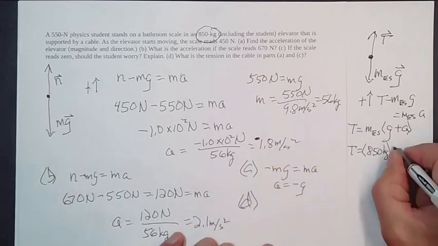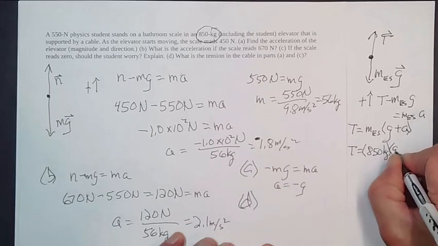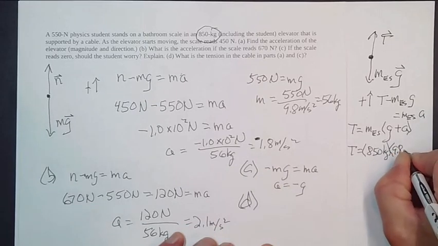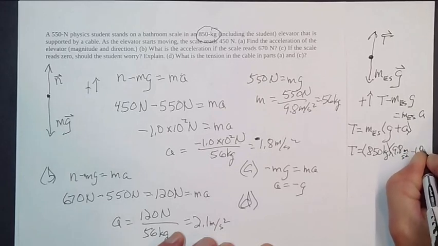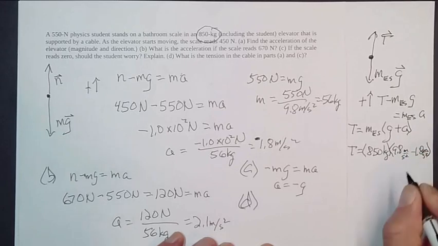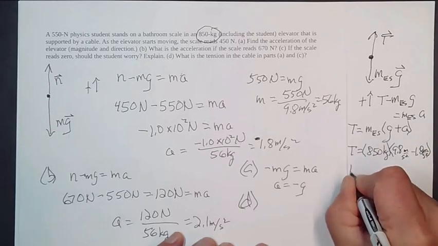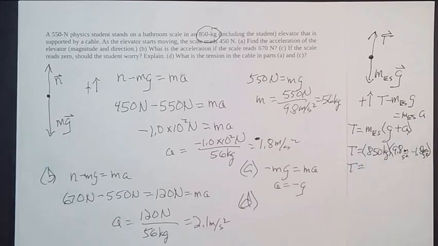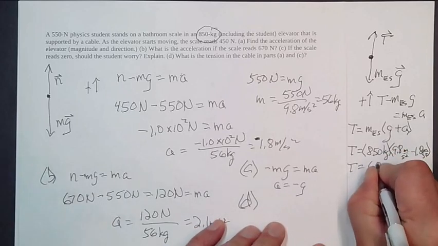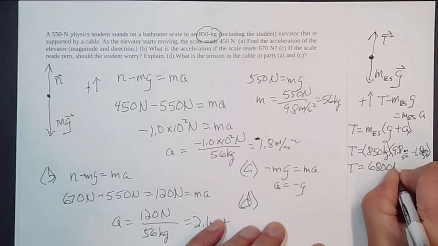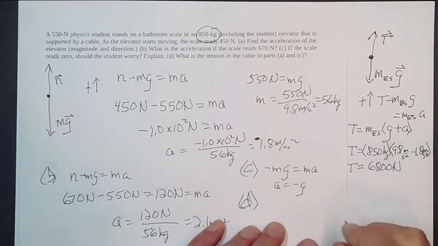Anyway, I would have 9.8 meters per second squared minus 1.8 meters per second squared, so about 8.0, and the tension would equal, I get 6,800 newtons, kilogram meters per second squared.